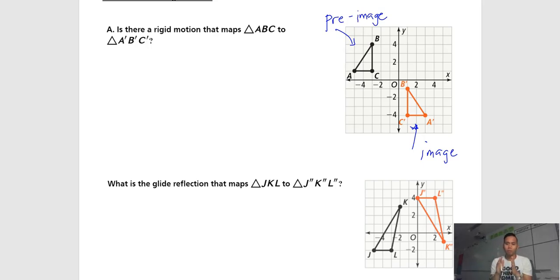I have to create my own line of reflection, and then reflect. So let us say my line of reflection would be on this area here.